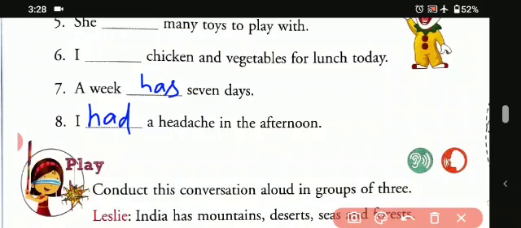That is a fact. Like I had a headache in the afternoon. So that means we are talking about the past tense. So what time did I have it? In the afternoon. That is, it has been done in the afternoon. So that's why we use had over here. So understand this in a better way.